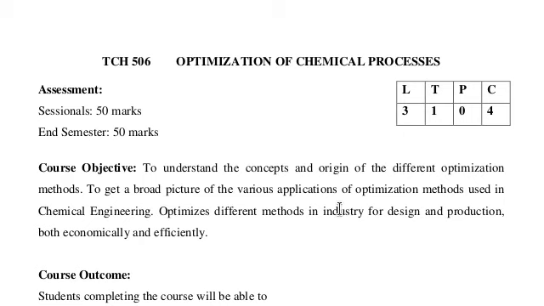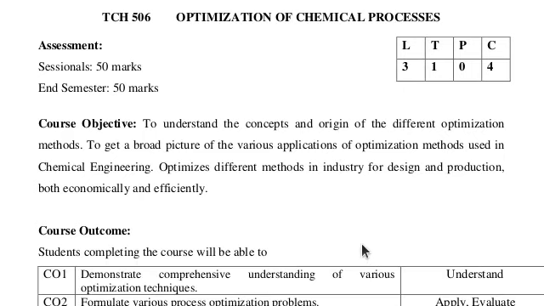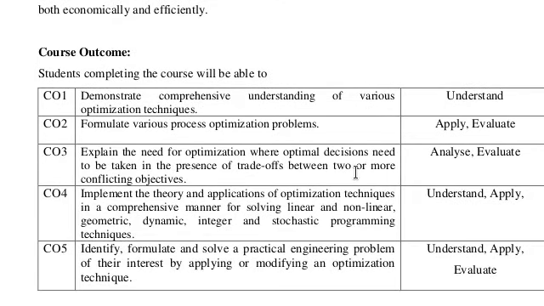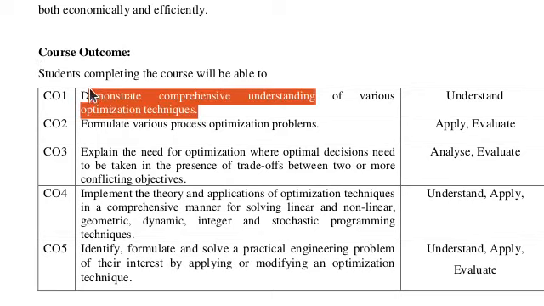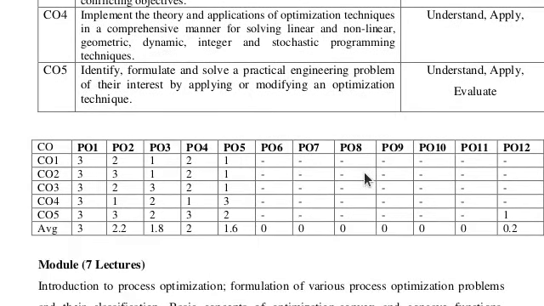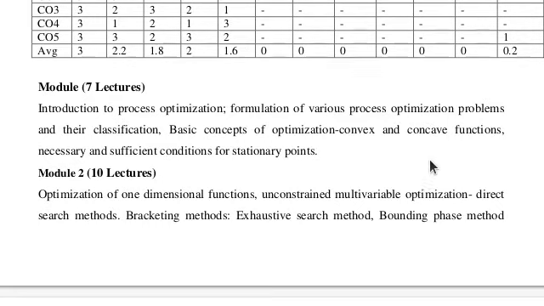And after then the course objective you can read from here to understand the concepts and origin of the different optimization methods, etc. And these are your COPO, that after completing your course you must be able to learn all these techniques. So you can read it from here, and now this is just matching.